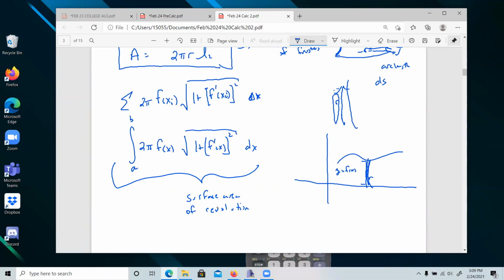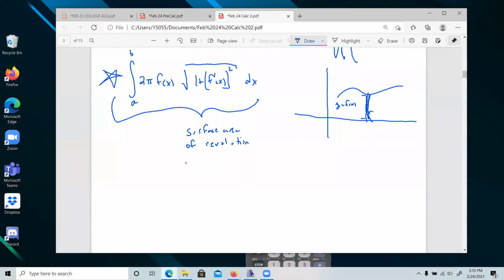Right? So that's the one we got to memorize. Right? There's a little bit easier of a way to do this. Okay, so if you remember, the y's are just the distances. So we could say something like x equals a to x equals b, right?